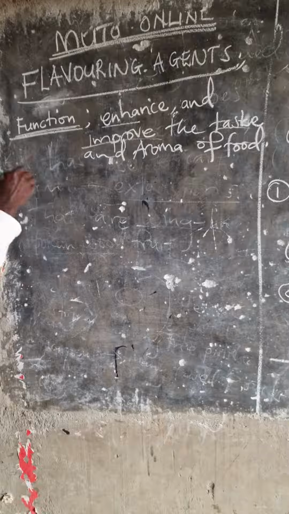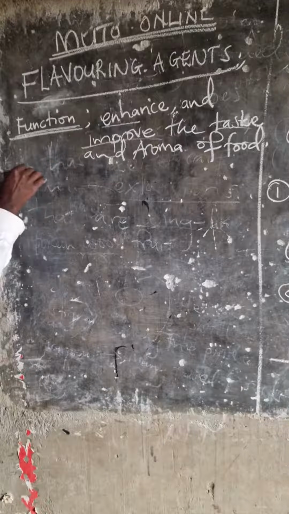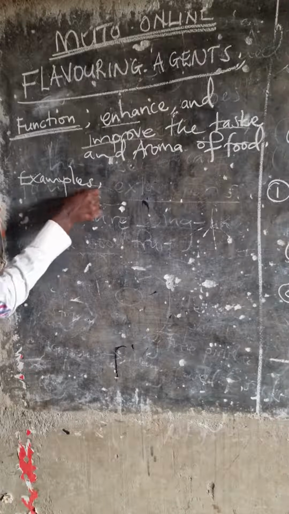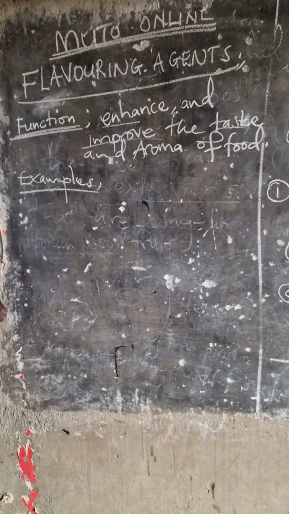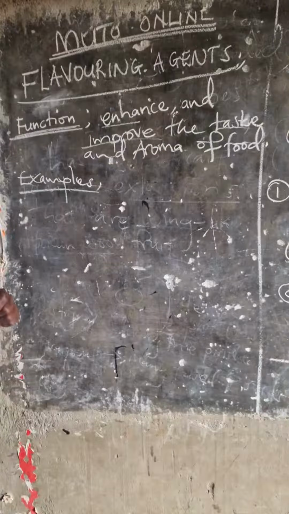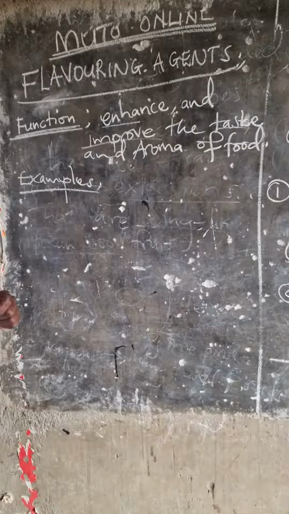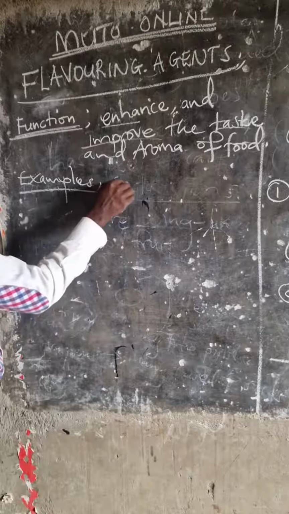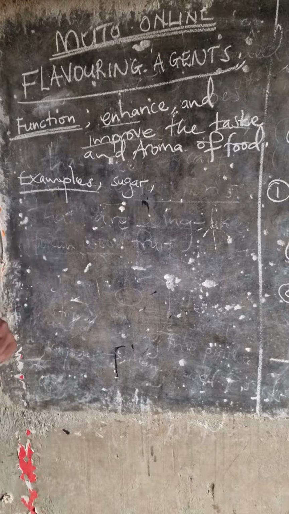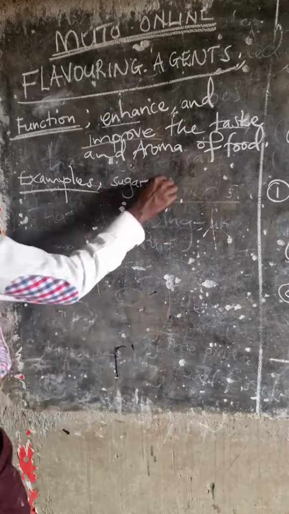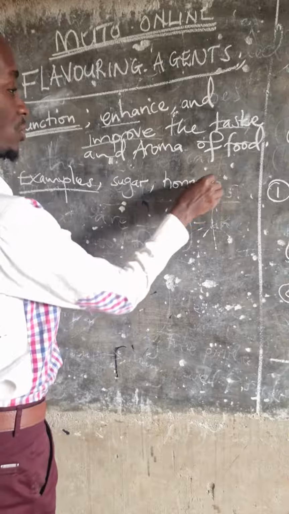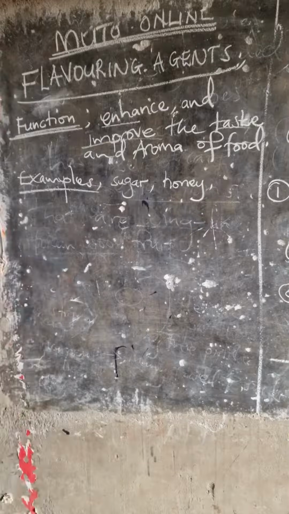We have very many examples of flavoring agents. We cannot finish them. You can even think about them where you are. The natural ones are very many. There is sugar, extracted from sugar cane. Some people add honey to drinks to enhance the taste.